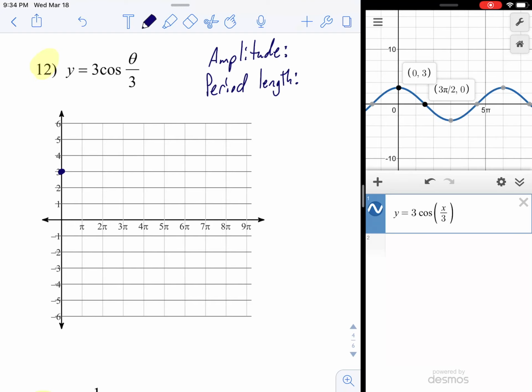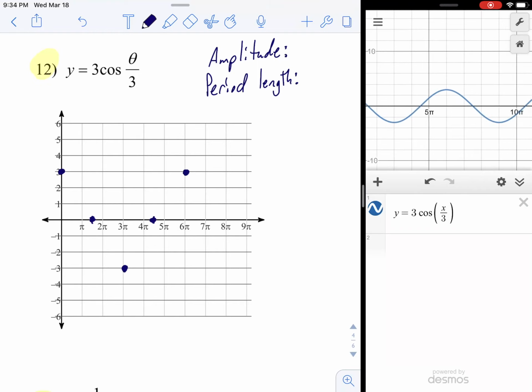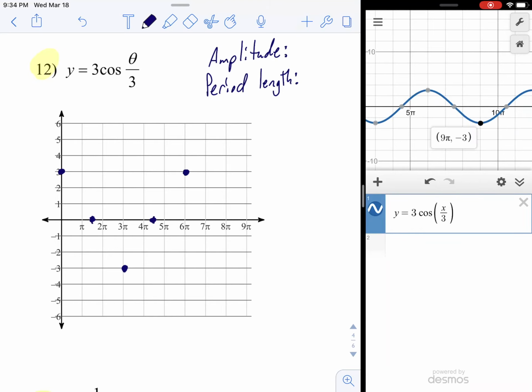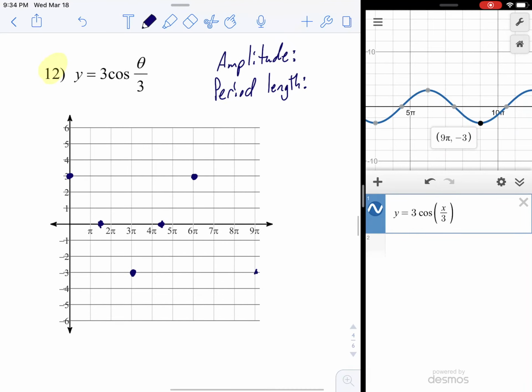That doesn't really help a lot. We've got a minimum point at 3 pi, negative 3. That's down here. So maybe we can do the same trick where we split it in half, and that's where the x-intercept is. The next high point is 6 pi, 3, and halfway in between there is another intercept. The next low point is at 9 pi, negative 3, halfway in between.